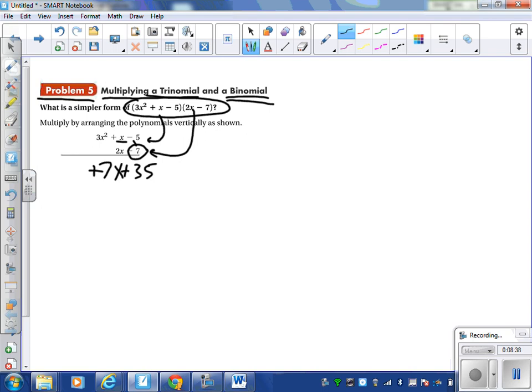That's a positive. Oh, sorry. That is what? Not a positive, but a negative. That is correct, because we have the negative 7 down there at the bottom. And then again, negative 7 times 3, which is a negative 21x squared.